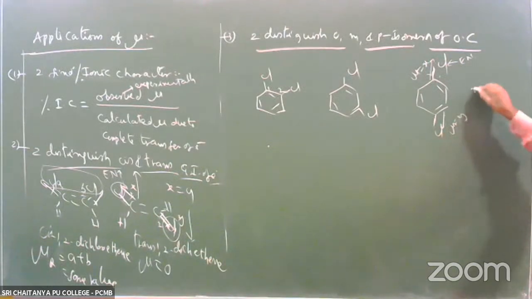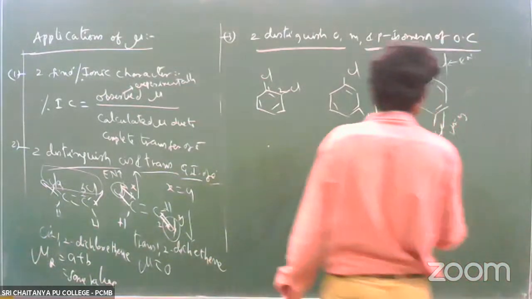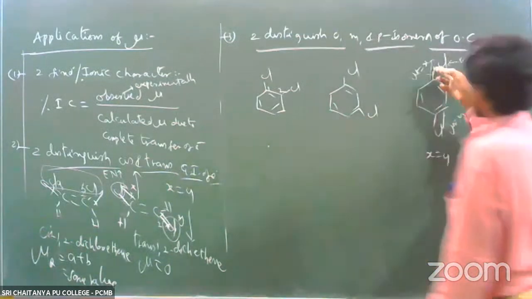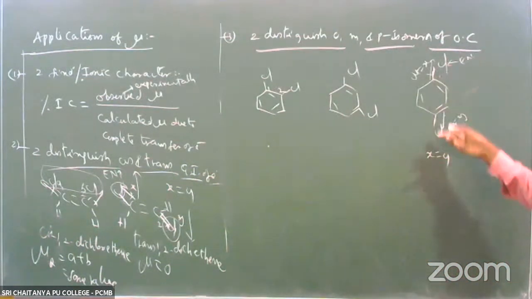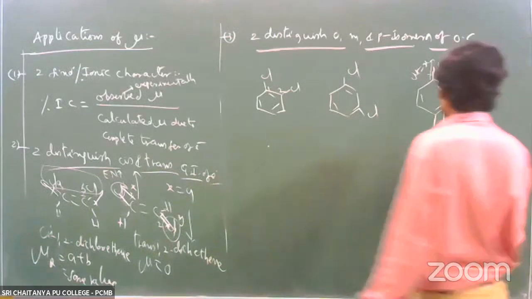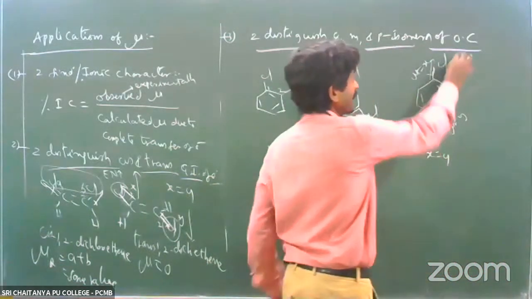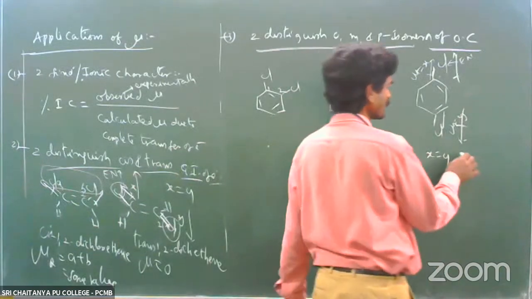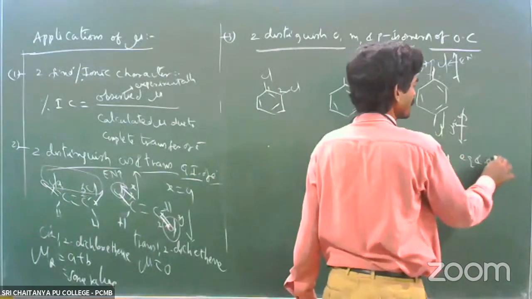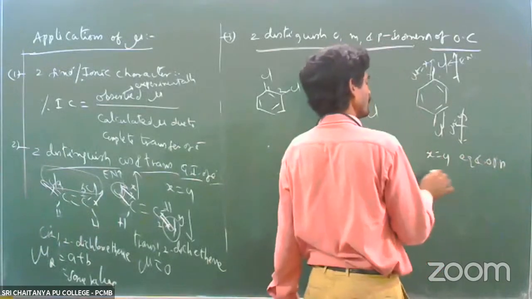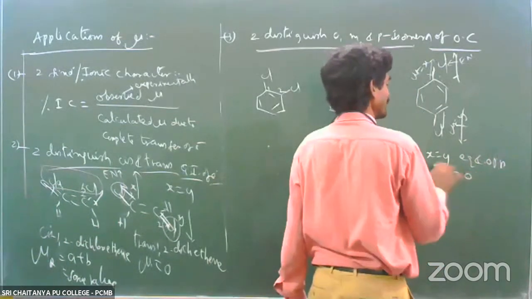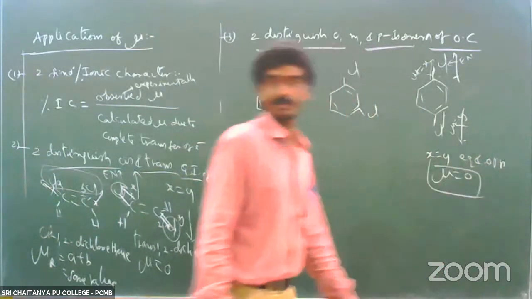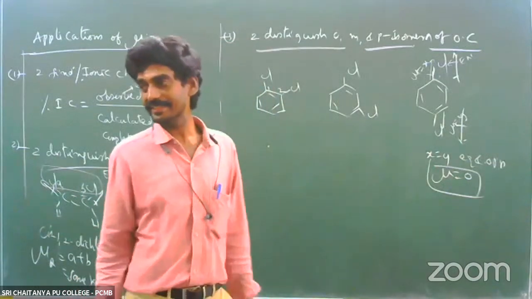Both x and y are exactly equal, because it is chlorine in both places. They are equal but in opposite directions, so both cancel each other. The net dipole moment is 0, because dipole moment is a vector quantity.